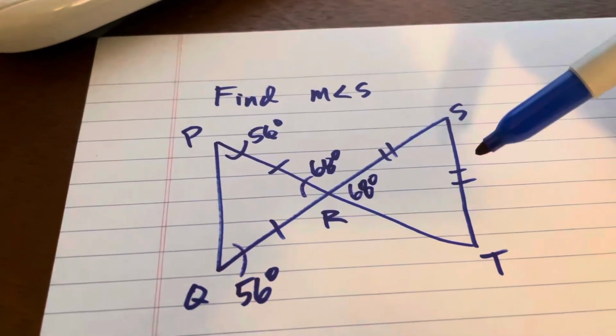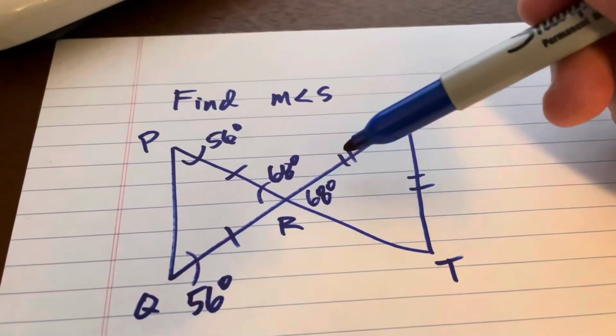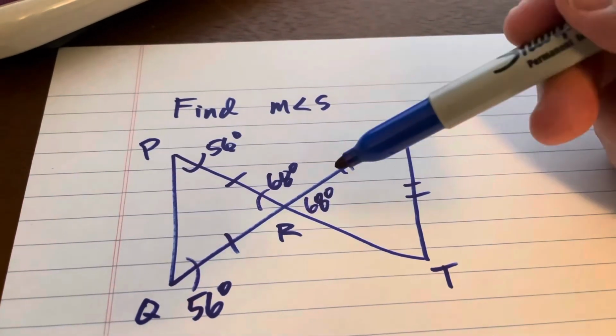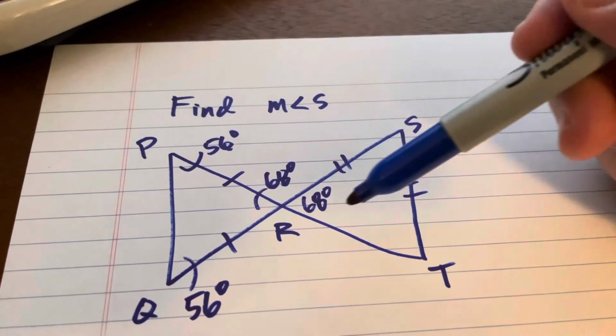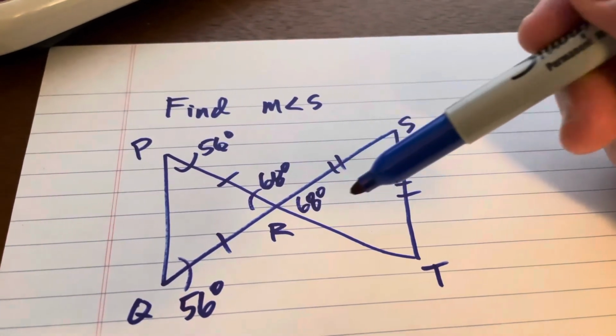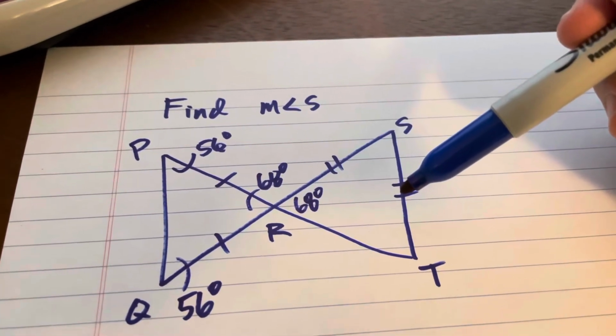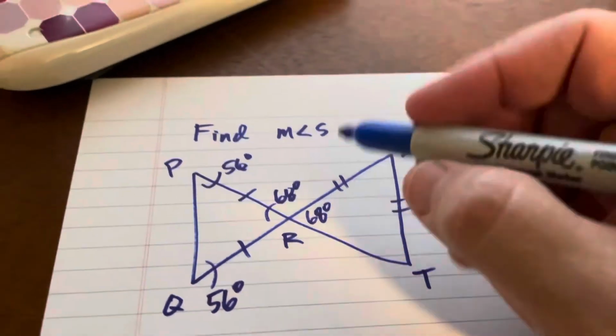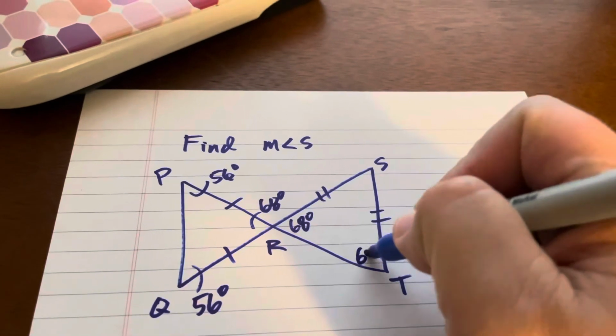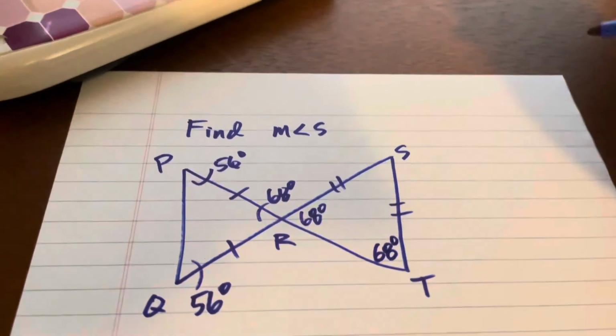And notice these markings. These markings mean that these sides are congruent, which means that this angle has to be congruent to that angle, because this angle is opposite this side, which is congruent to that side, which means this also has to be 68 degrees.